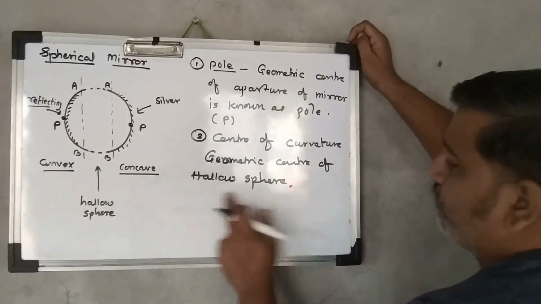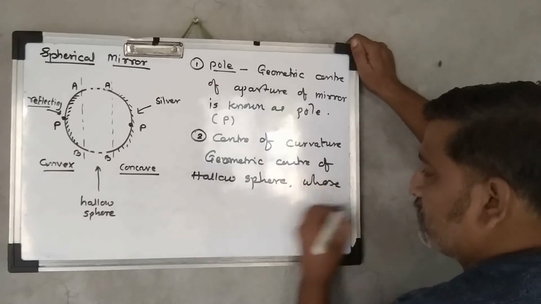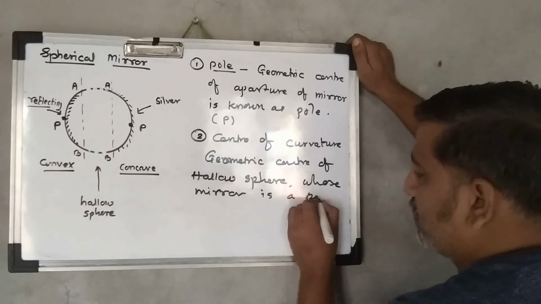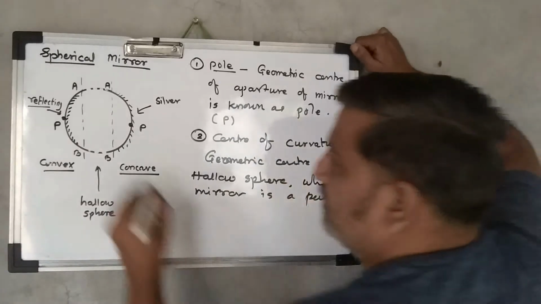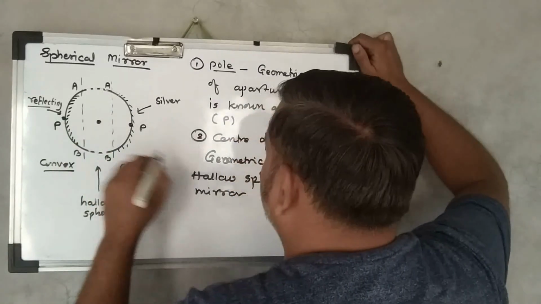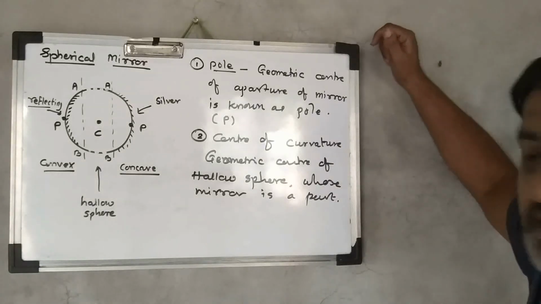So I get this geometric center over here, the center of curvature. I can denote it by C.